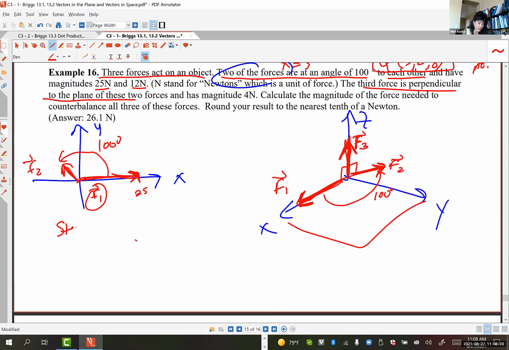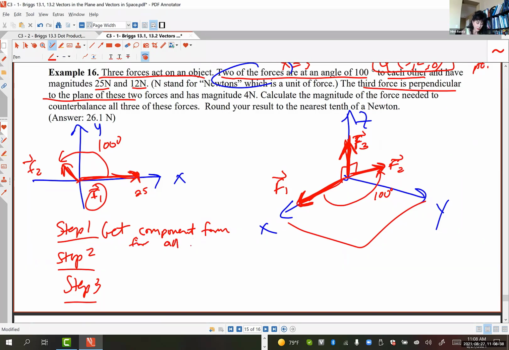Here I'm going to tell you my strategy in 3 steps, and then we'll do the 3 steps in order. Step 1, get the component form for all 3 forces. Step 2, get the resultant vector. Well, we're going to go F1 plus F2 plus F3.